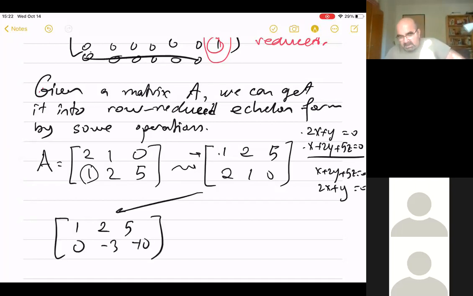Okay, now this matrix is in the echelon form. It's not row reduced. In order to get a row reduced echelon matrix, let's divide the second row by -3. It will be 1, and this is 10 over 3.